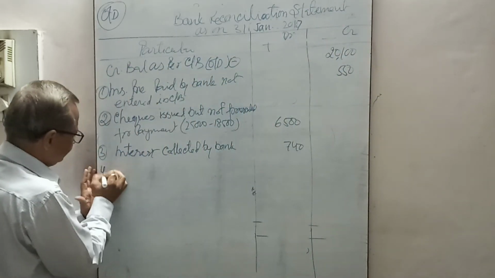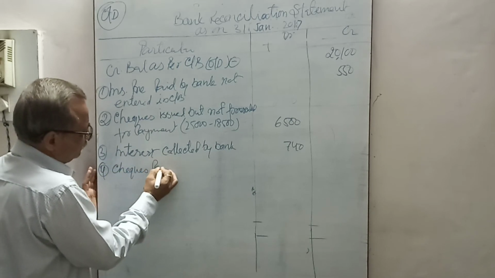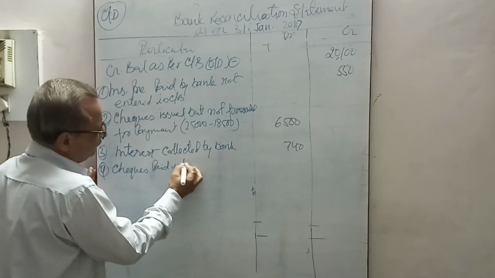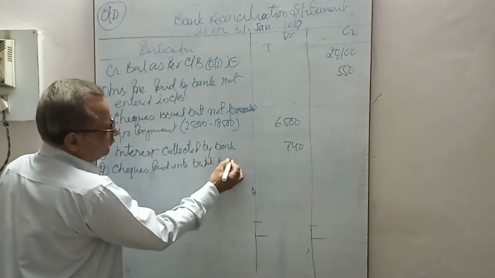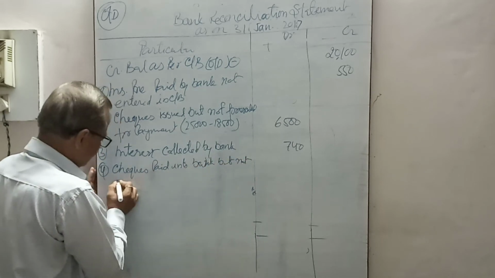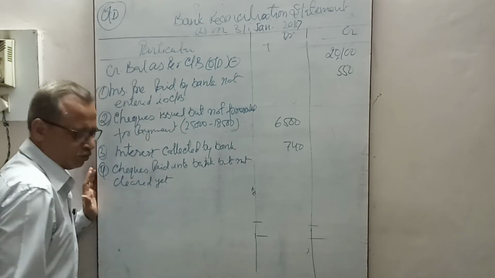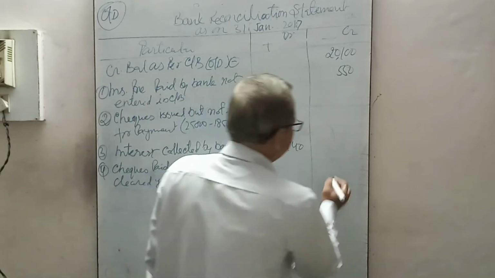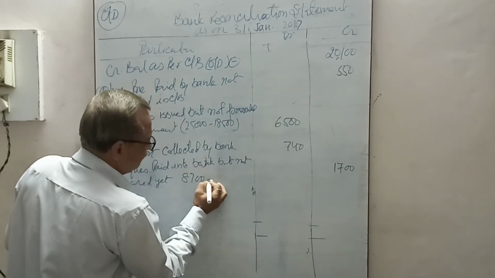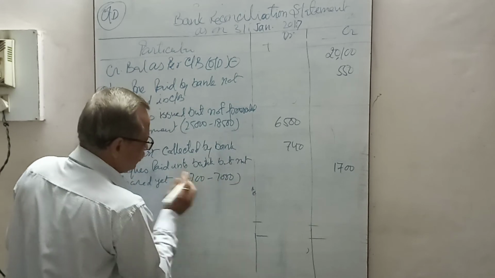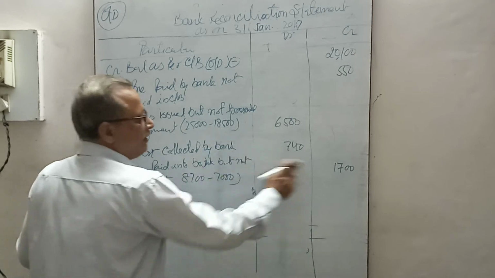Checks paid into bank but not cleared, that should be reduced by rupees 1,700. 8,700 deposited, only 7,000 cleared, 1,700 not cleared.